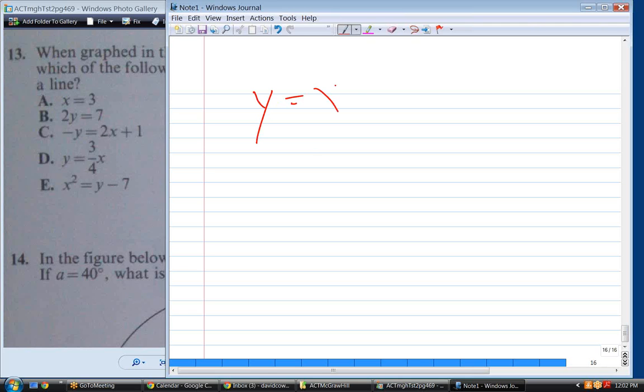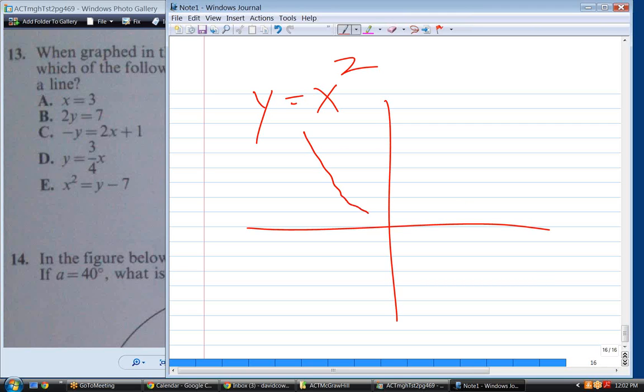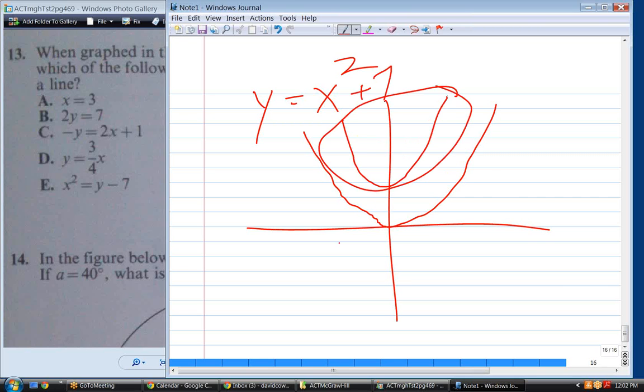What does this look like, that curve? It's a parabola. All quadratics are parabolas. So if I take y equals x squared plus 7, all I'm doing is taking that parabola and moving it up 7. So that's what it looks like. But we don't need to graph it.